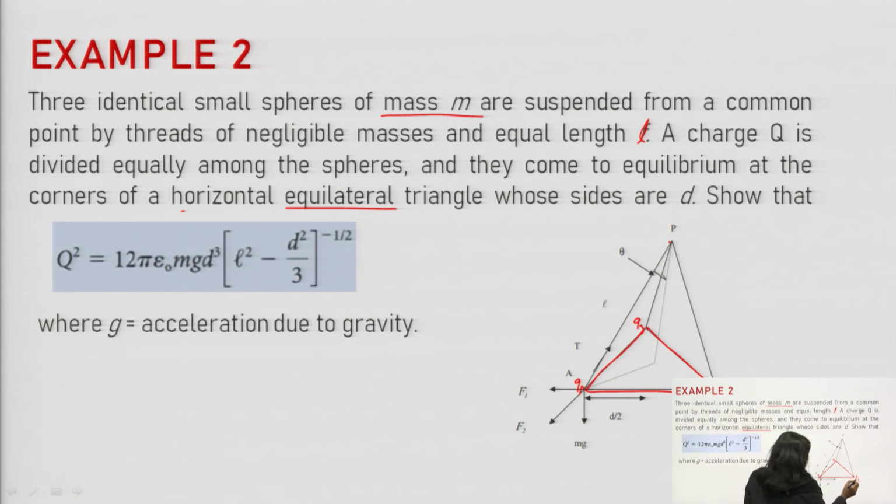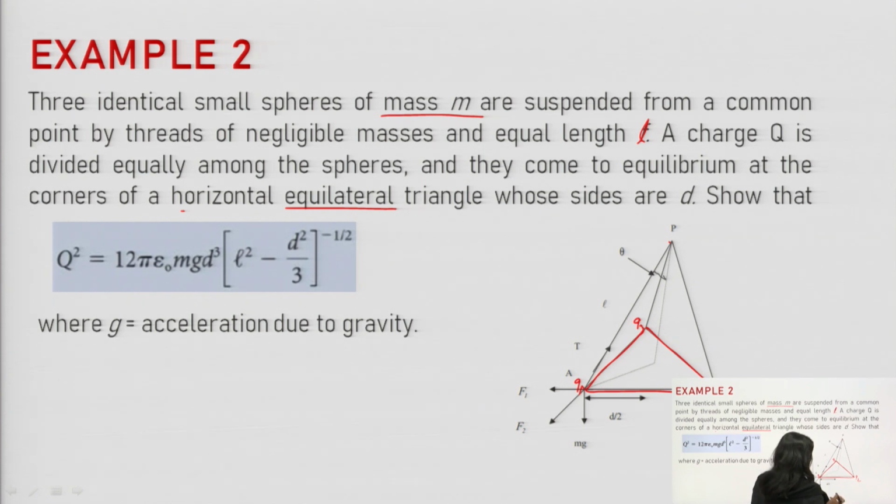Let us say this charge is exerting a force F1. So F1 will be directed to this left side, because this is the repulsive force. It will try to repel Q1 to this outward side. Similarly Q3 will also push Q1 with the force F2.